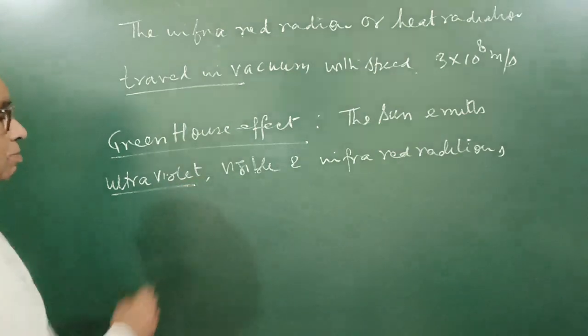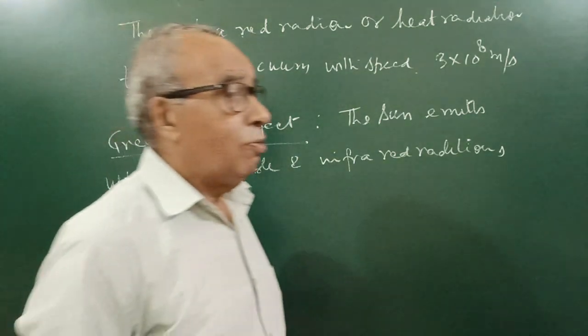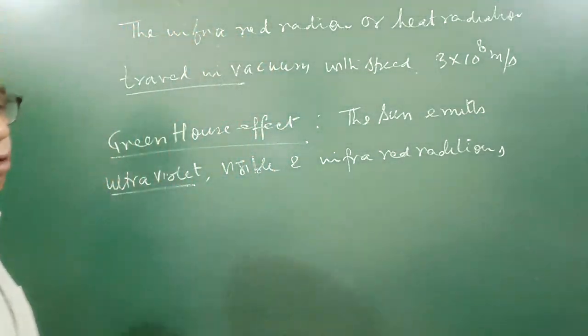Ultraviolet radiation has a wavelength range from 200 to 4000 angstrom.